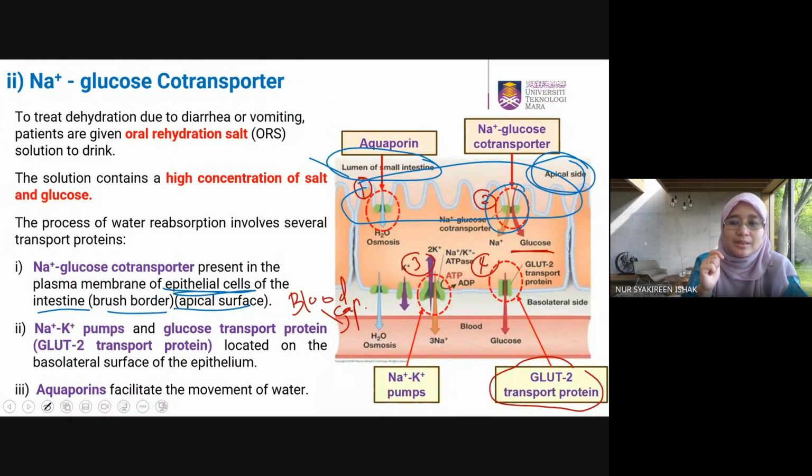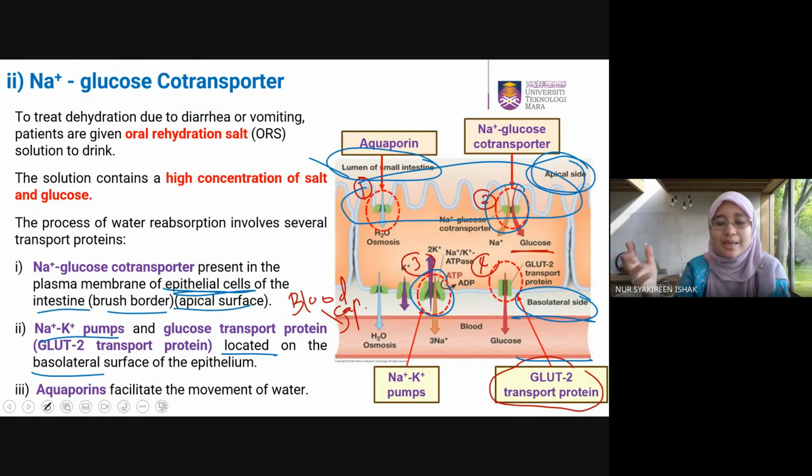Okay. So next we have the sodium ion potassium pump here. Yang ini dia dekat dengan blood vessels. Okay. So sodium ion potassium pump and glucose transport protein, which is GLUT2 transport protein, located on the basolateral surface, bahagian bawah yang dekat dengan blood vessels.